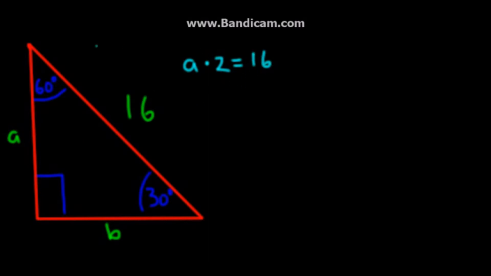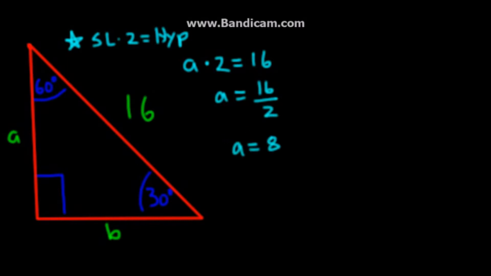Alright, and I'll write the formula down too. Short leg times 2 equals hypotenuse. Alright, so A equals 16 divided by 2, and A equals 8. So we know that is 8 now.